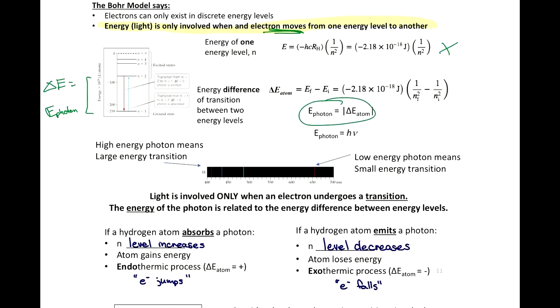The energy of your photon is equal to the absolute value of the energy transition of your electron on your atom. And that energy of the photon still follows the exact same equations that we studied before, hc over lambda. The beautiful thing about Bohr's model is once we put these rungs on the ladder, we got energies of the different rungs and calculated the energy differences between them.